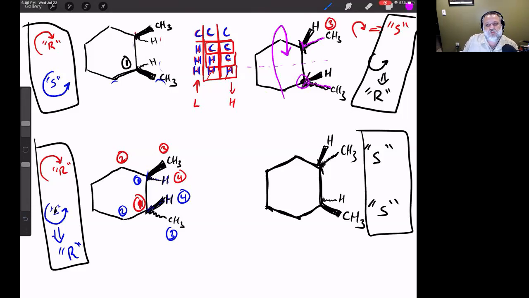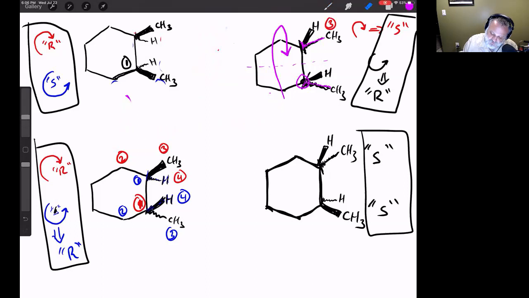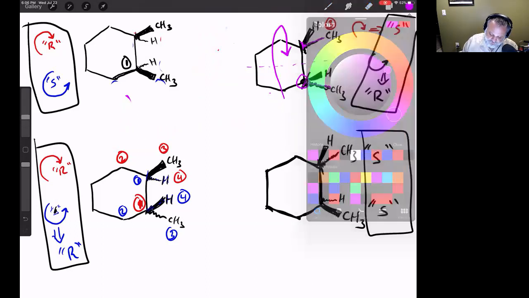And so, wait a second, if we just flip it over and we end up with both of the CH3 groups pointing towards us, then isn't this molecule really just that molecule? And the answer to the question is, yeah, it is. And what this does is it brings into consideration one of the last definitions that I haven't actually clearly defined yet. And so it's this.